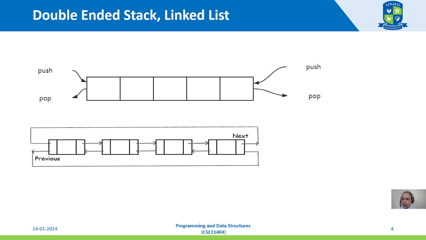That means push and pop can be performed from one side. It cannot be performed from both the sides. Here we can see push and pop being performed from both the sides. So that is the double-ended stack we are talking about. It can also be implemented using C++ or even with the help of C.